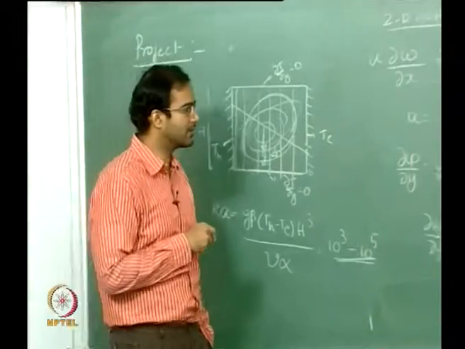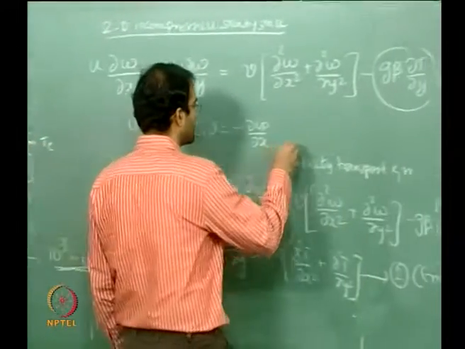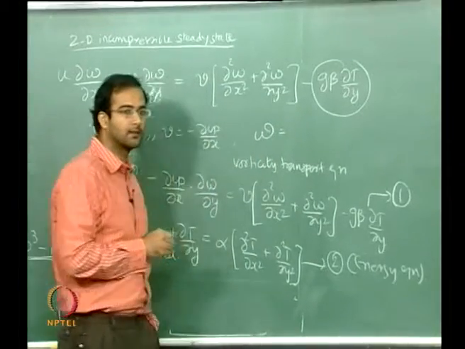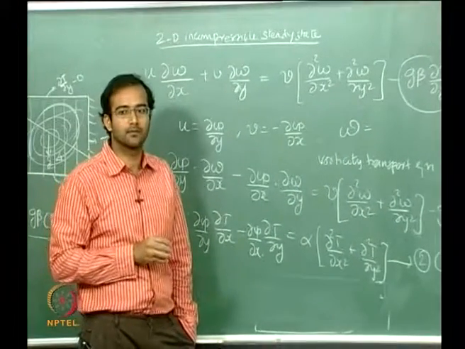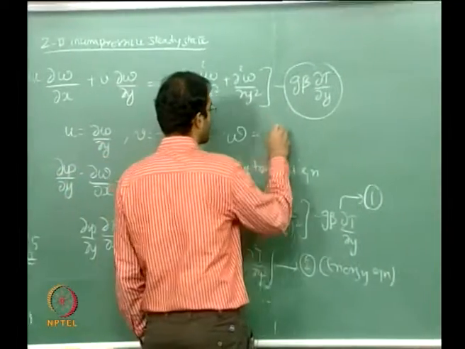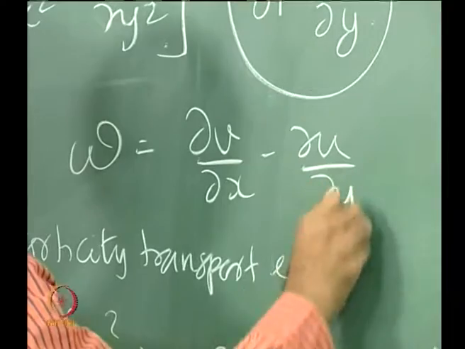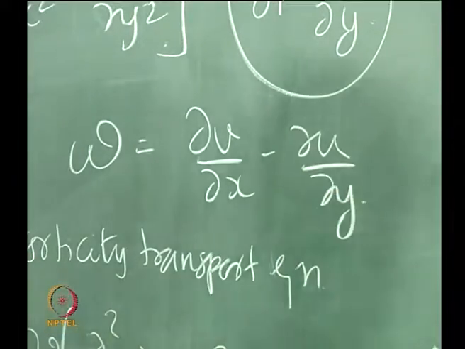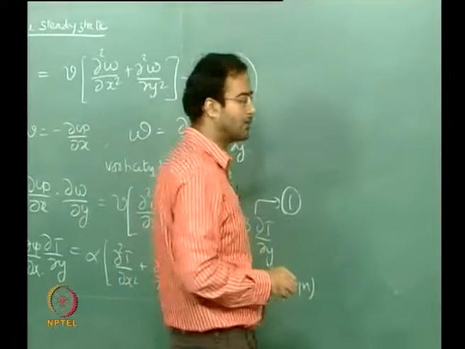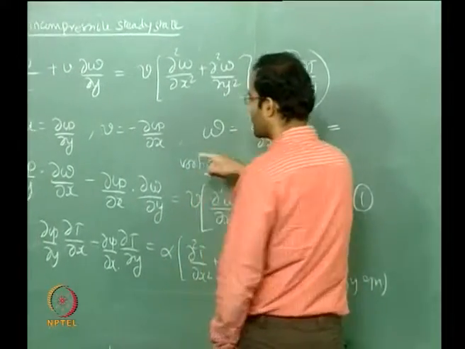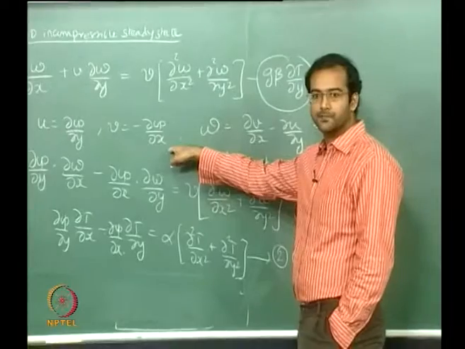So there we use the definition of vorticity. Okay, you define your vorticity. How do you define vorticity in 2 dimensions? So your dv/dx minus du/dy. So there we substitute in terms of stream function for u and v here. Okay, so your v is minus dψ/dx.